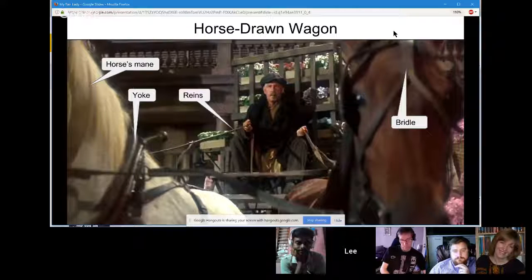So the horse will stop moving forward to ease that discomfort. We use the reins and the bridle to control the horse.